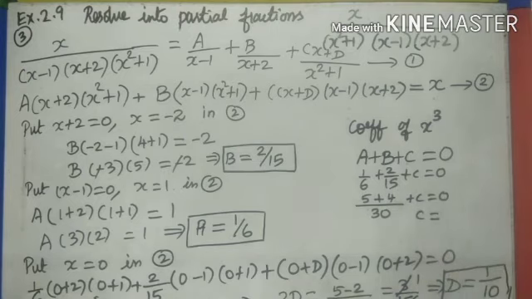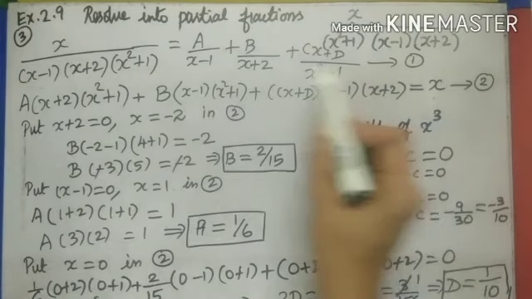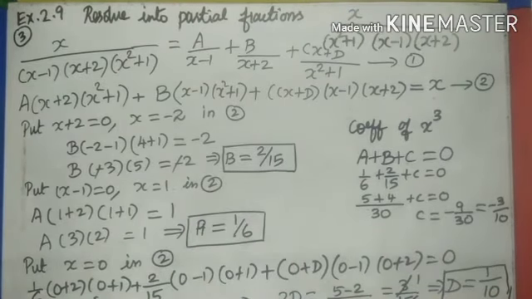Or c is equal to 9 by 30 will come to the other side as minus 9 by 30. Cancelling 3, it is minus 3 by 10. So we have achieved A, B, C and D. Put it back in equation number 1 and that is the answer.